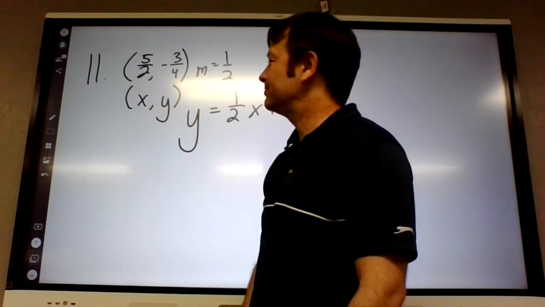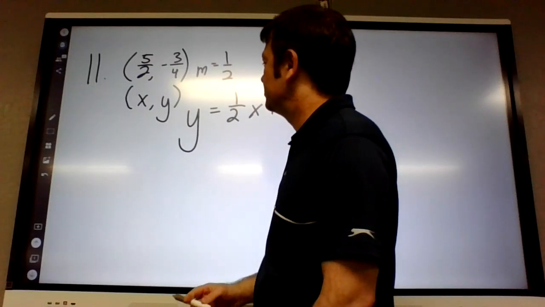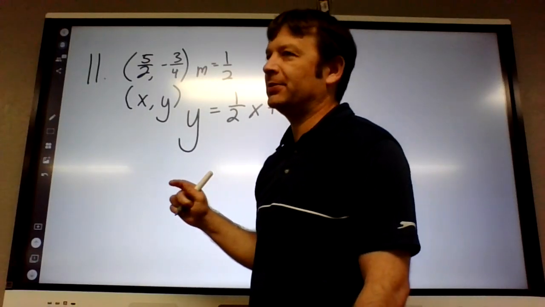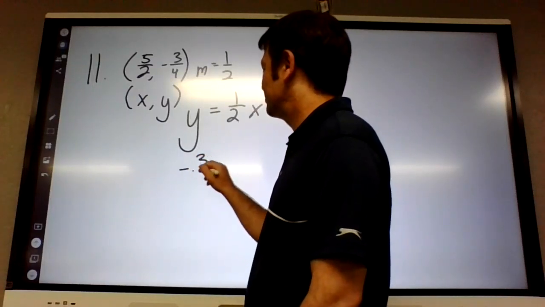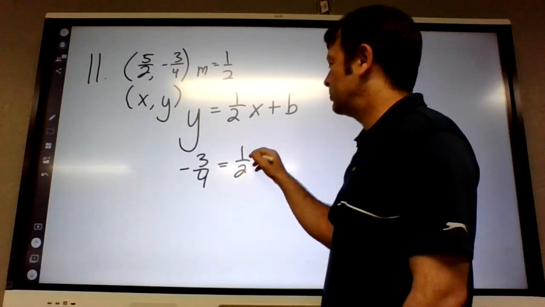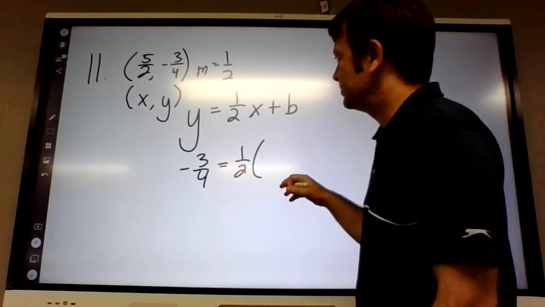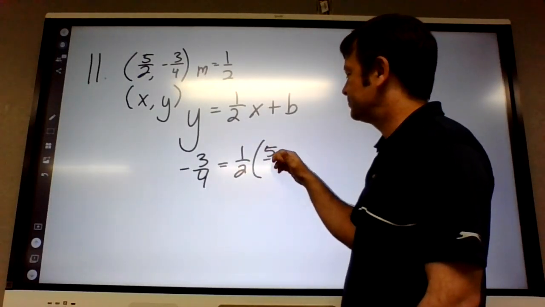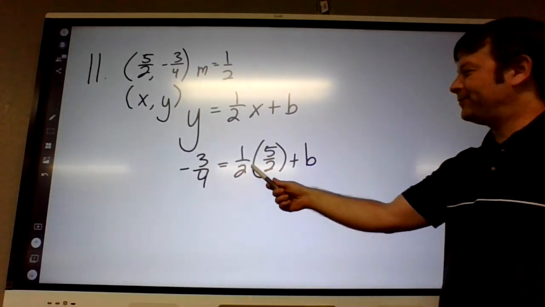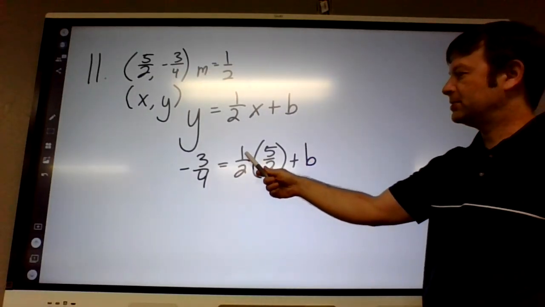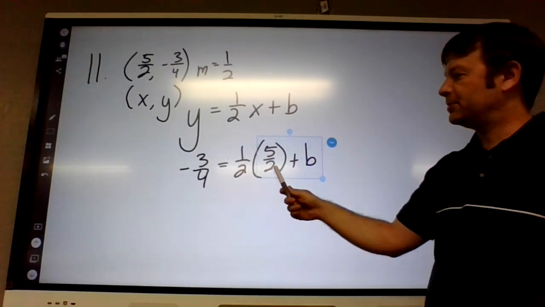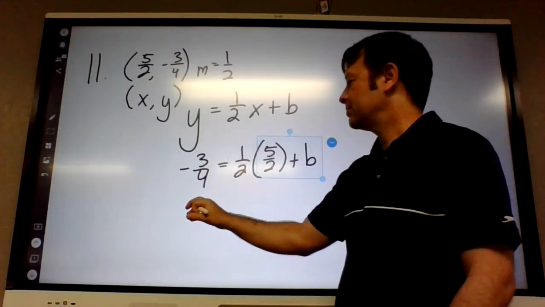So then 5/2 is the x value. And y is negative 3/4. So negative 3/4 equals 1/2 times, in parentheses, 5/2 plus b. Okay, what's 1/2 times 5/2? 1 times 5, 2 times 2, 5/4.